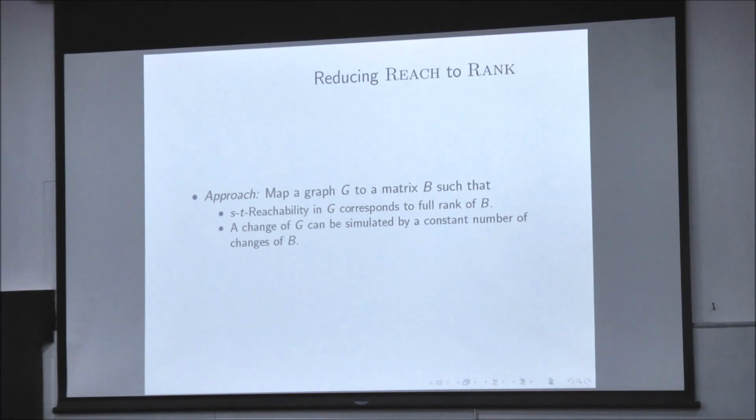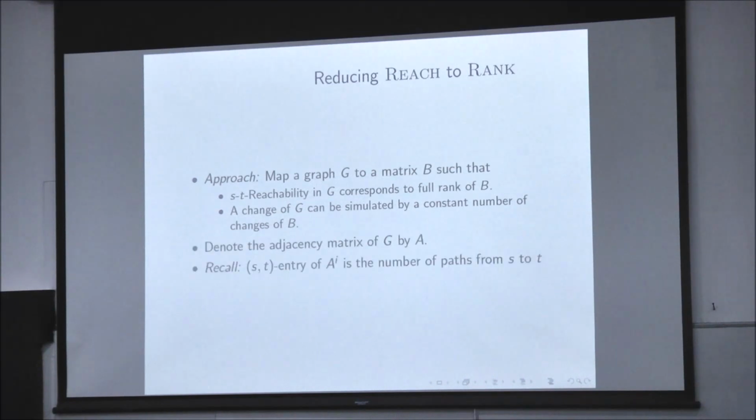Simultaneously, we want that the matrix should change very slightly with changes in the graph. So if you add or delete an edge, there should be constantly many changes in the matrix P. So now we show how to construct this matrix, and it's very simple to construct. There's nothing great about it.